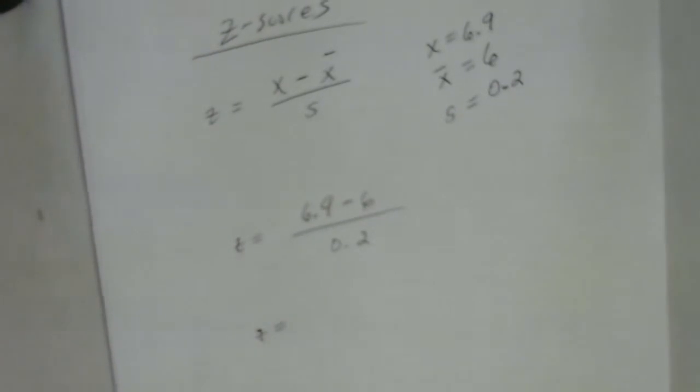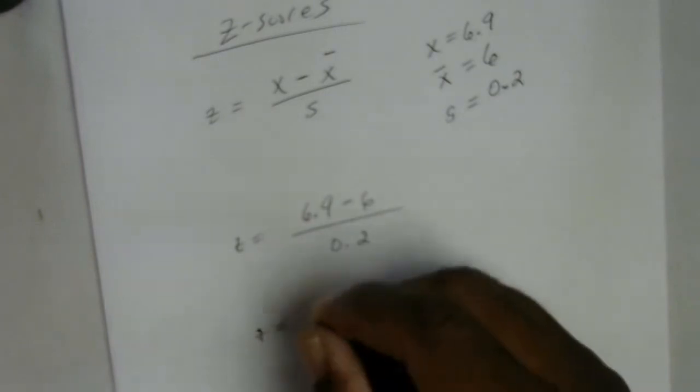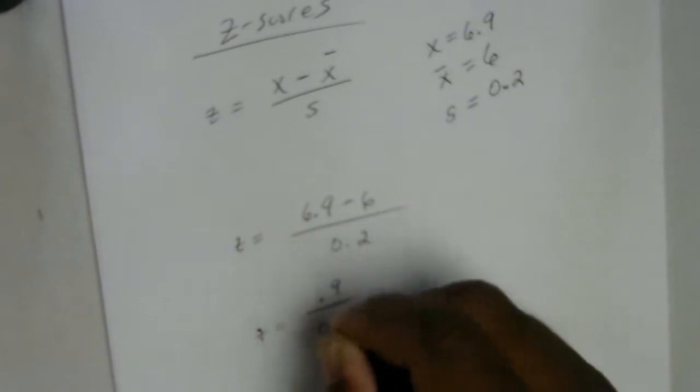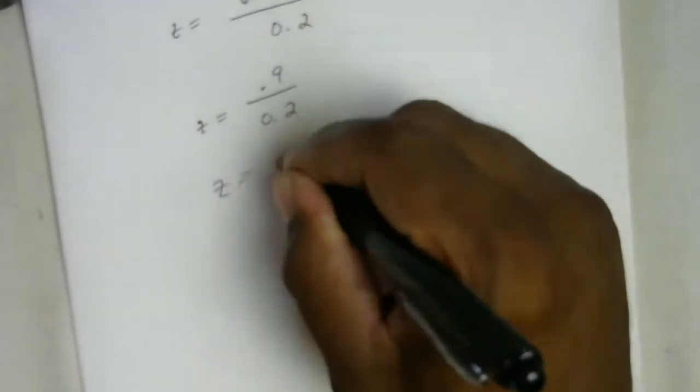And if we calculate that on the calculator, 6.9 minus 6, divided by 0.2, we get 0.9 divided by 0.2. So we get a z-score of 4.5.